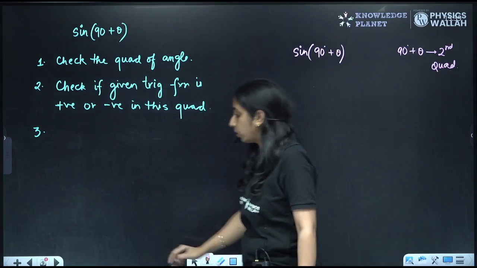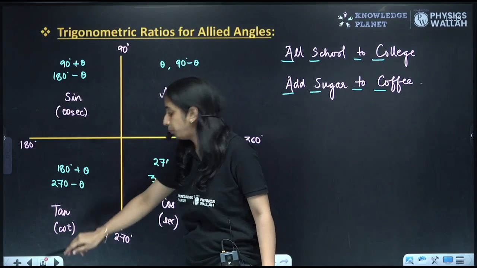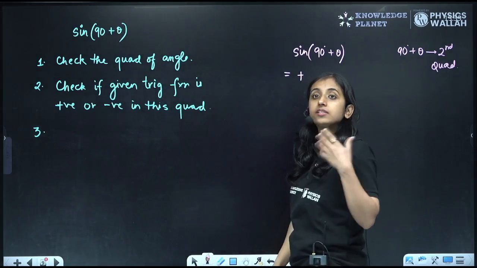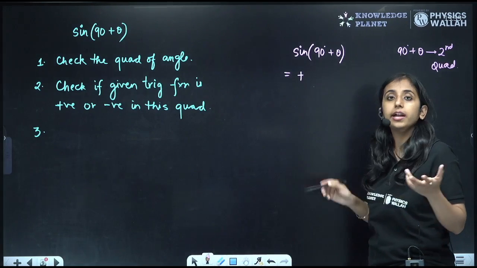In the second quadrant, sine is positive, so we will write a plus sign. If sine was negative, then we would mark a negative over here.